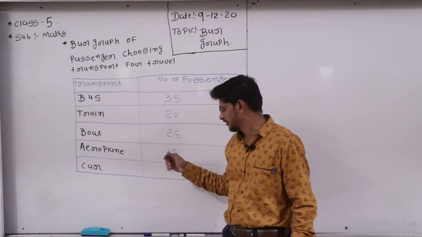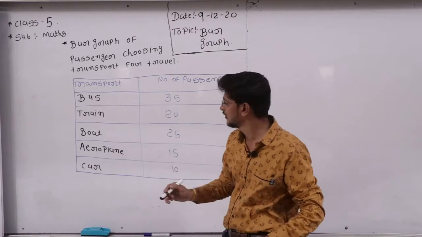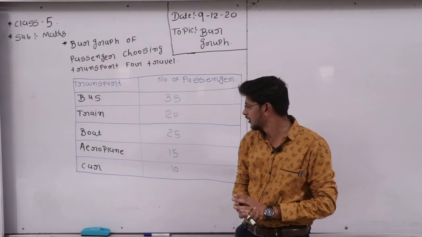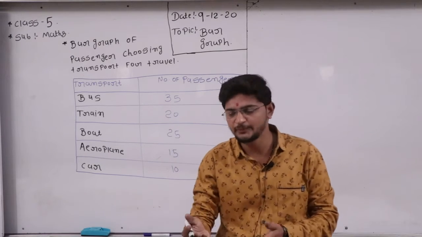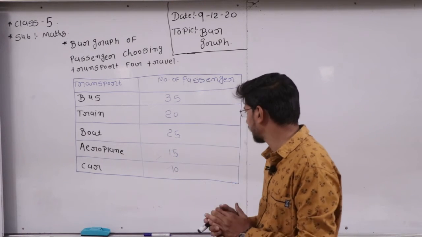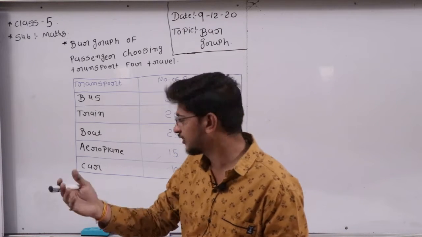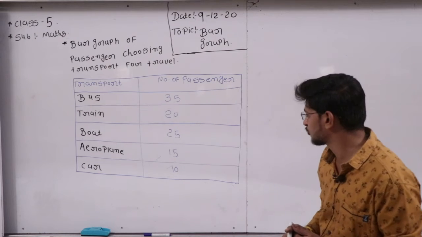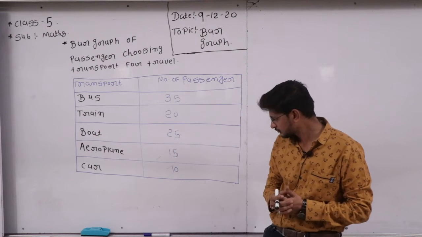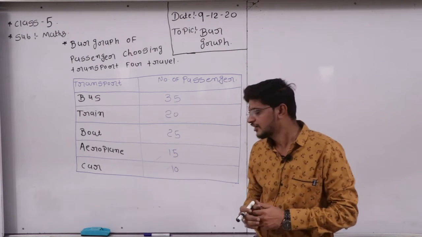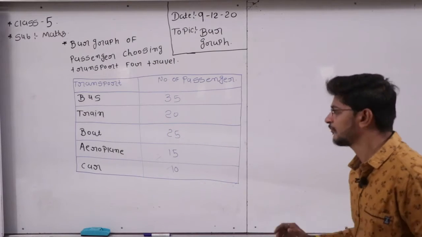How many passengers choose a bus? 35 passengers. 20 passengers choose a train. 25 passengers take a boat. 15 passengers choose an aeroplane, and 10 passengers take a car. So this is our information for a bar graph.